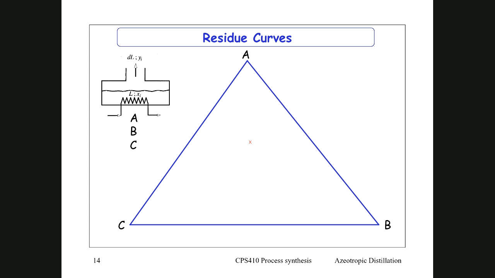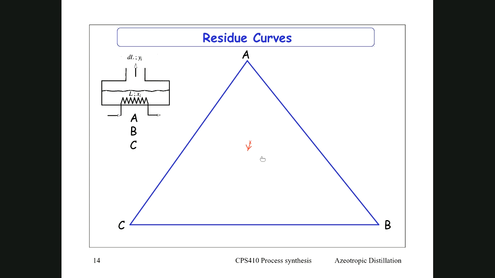So if we go this way, it will be a vector. As we remove vapor from the liquid, the composition will move in a certain direction. In other words, there'll be a vector on this diagram.